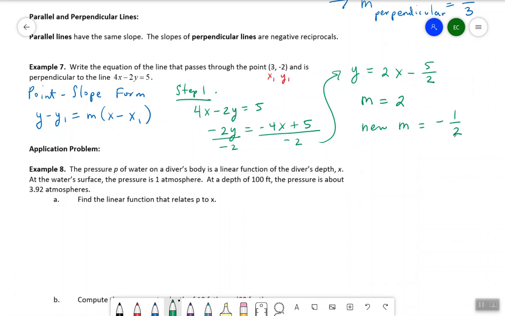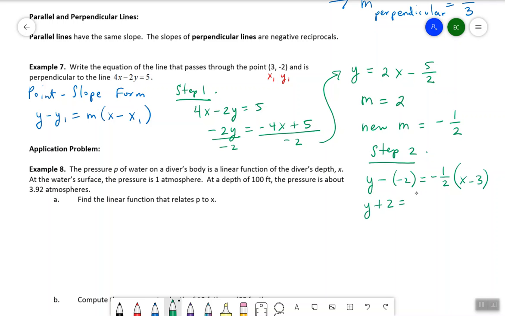Okay, and so we're going to take that -1/2 and that point (3, -2) and plug into point slope form. We can call that step 2. And we'll get y minus y1, -2, is equal to the slope, -1/2, times x minus 3.